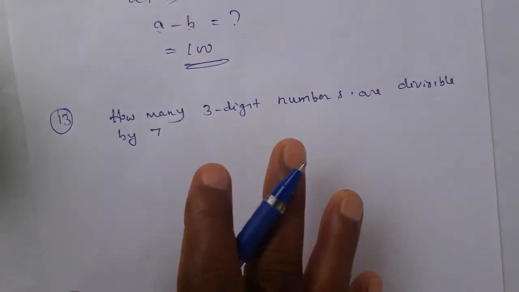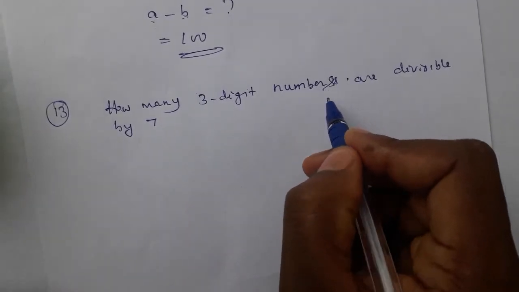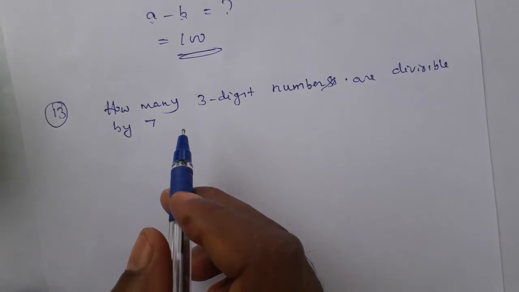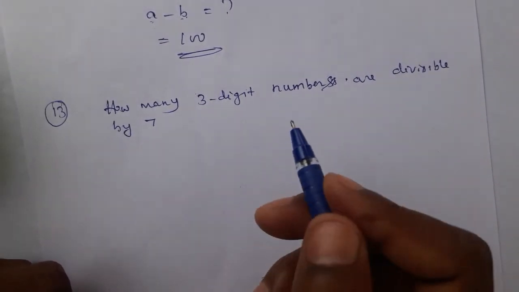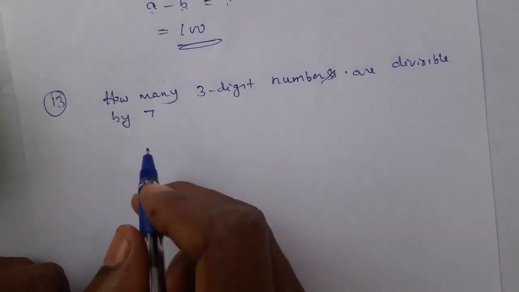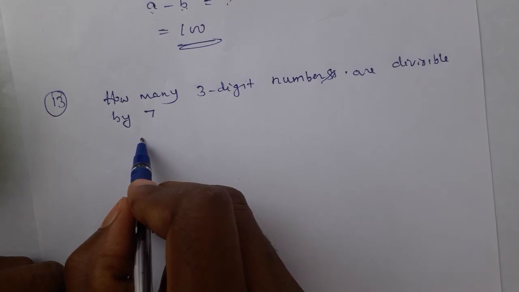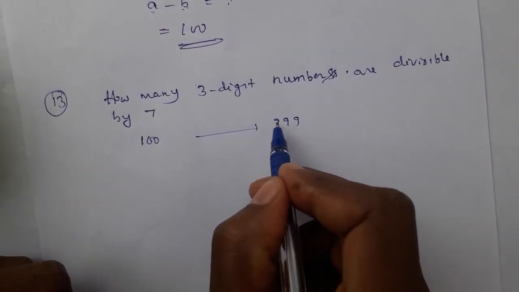The question is, how many three digit numbers are divisible by 7? First we write from where to where the three digit numbers are. The three digit numbers start from 100 and end on 999, isn't it?